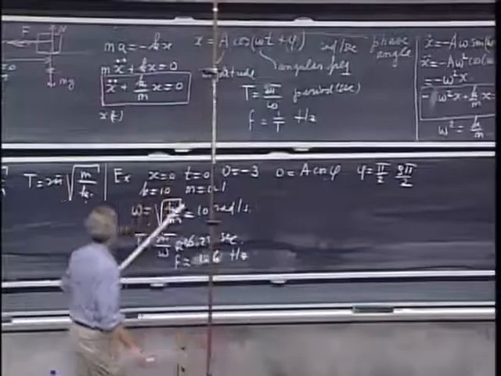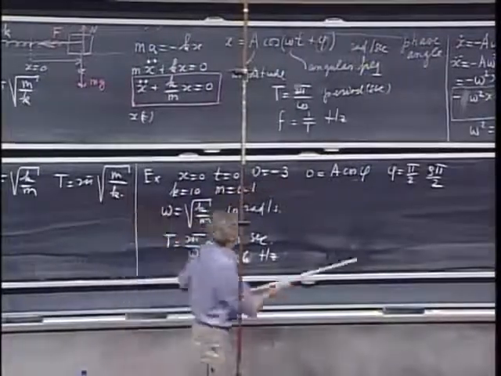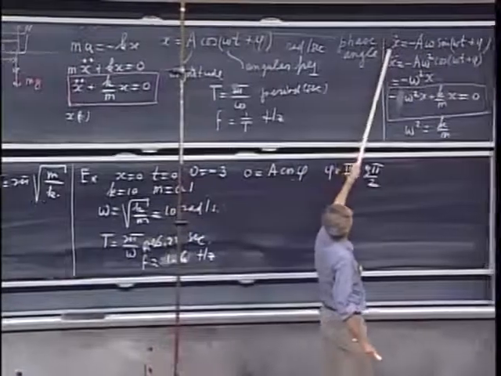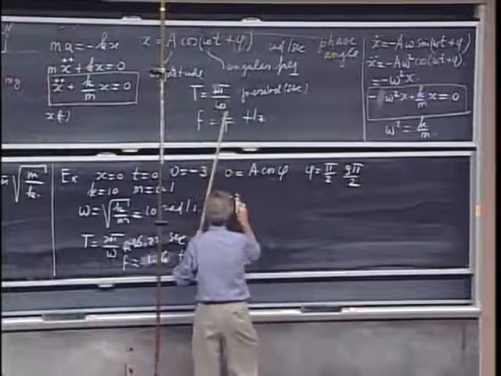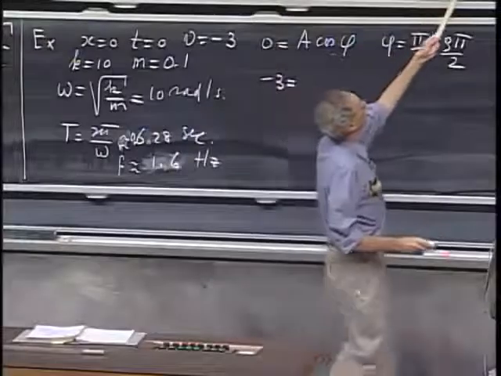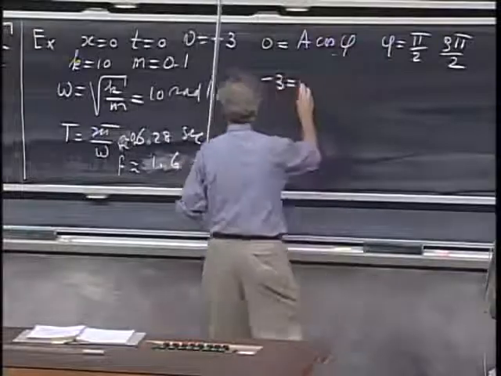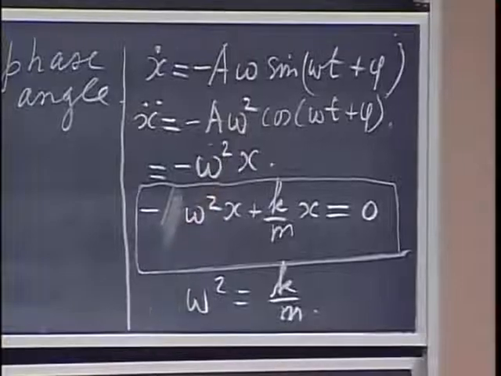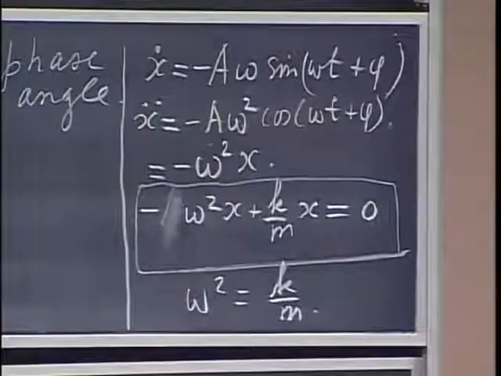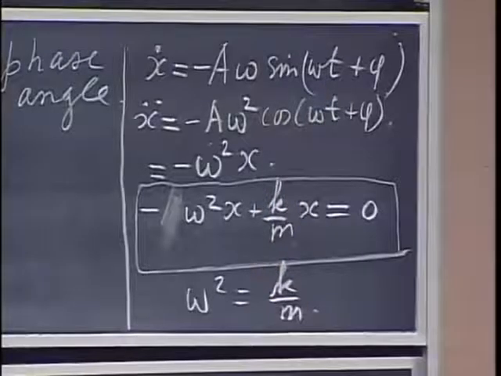Now I go to my next initial condition, that the velocity is minus 3. Here you see the equation for the velocity. This is minus 3 at t equals 0. So minus 3 equals minus A, which we don't know yet, times ω, where ω squared is 10. At t equals 0, I get the sine of φ.